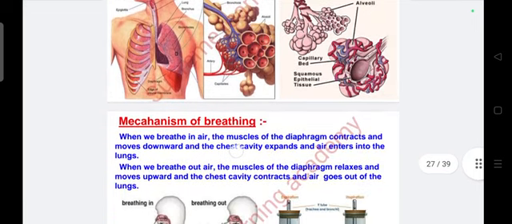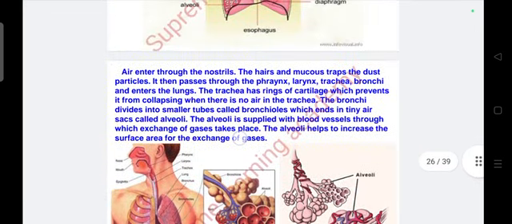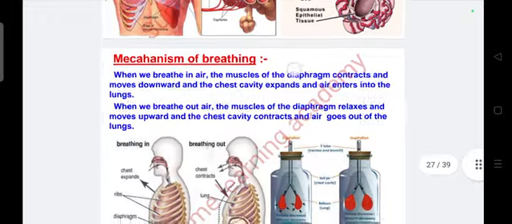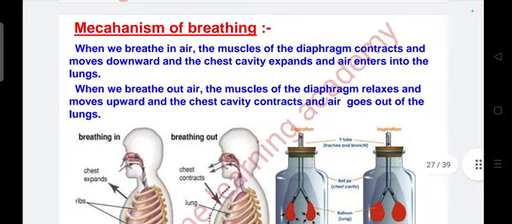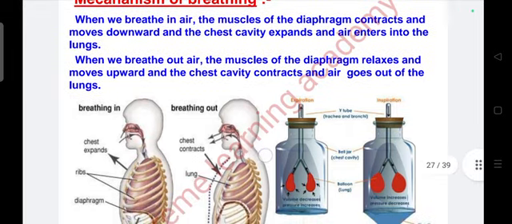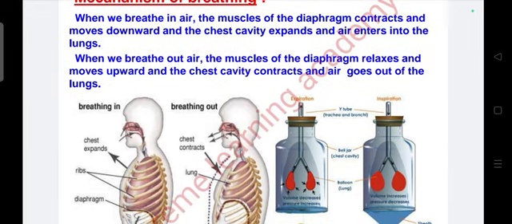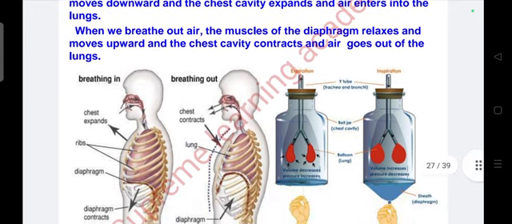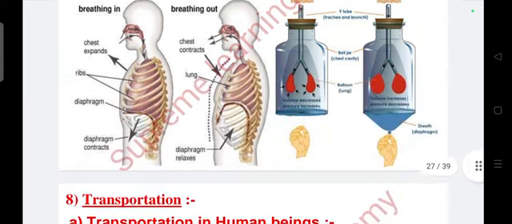So that is the respiratory system of the human body. Now, mechanism of breathing. When we breathe in, the muscles of the diaphragm contract and move downwards, the chest cavity expands and air enters the lungs. When we breathe out, the muscles of the diaphragm relax and move upward, the chest cavity contracts and air goes out of the lungs. This is the mechanism of breathing.